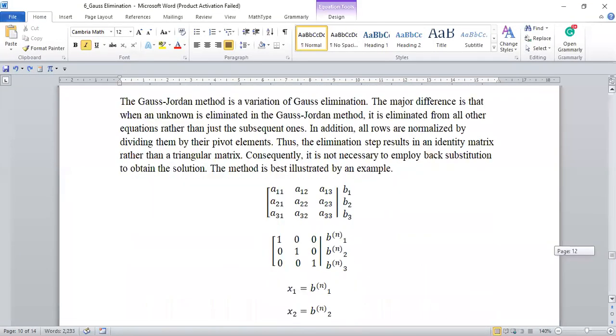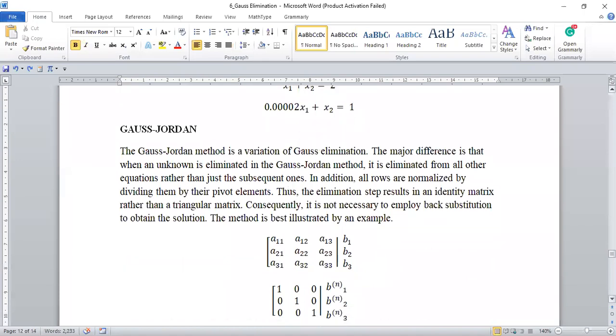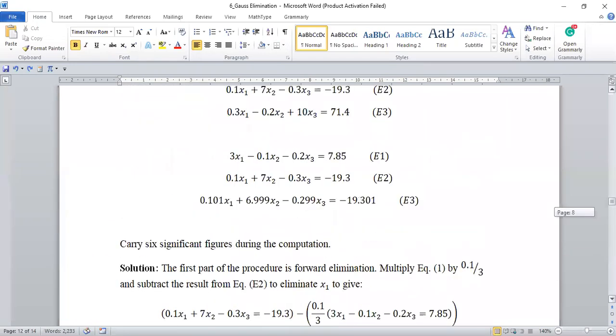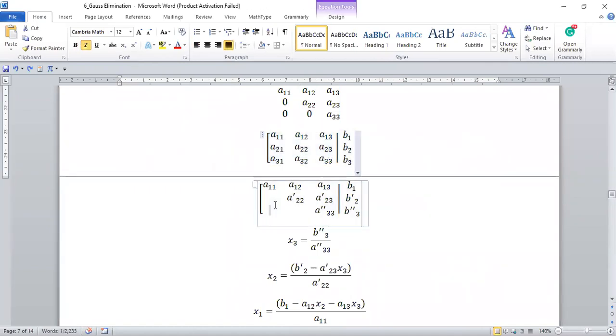So now we're going to look at the third method, which is the Gauss-Jordan method. The Gauss-Jordan method is quite similar to the Gauss elimination method. The difference is that for the Gauss elimination method, let me just explain it again. You have this A coefficient matrix, and you zero out this, you zero out this, you zero out this.